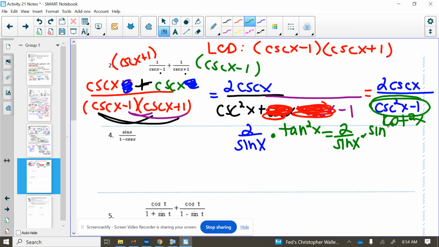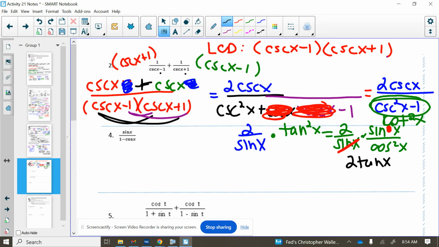Tangent is sine squared over cosine squared. And then we have pieces that'll cancel, right? We have 1 sine here with 1 of these. And then last but not least, the 2, and then we have a cosine on the bottom. We have 2 sine over a cosine that can be officially rewritten as a tan.